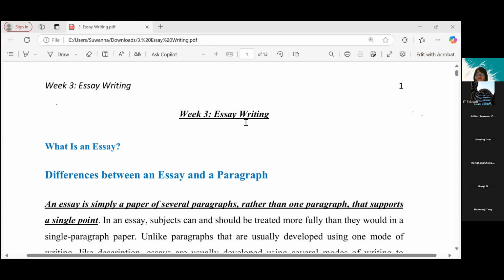Your dissertation or thesis will involve a lot of long essay writing, because different sections of your thesis are, in other words, like a long essay.